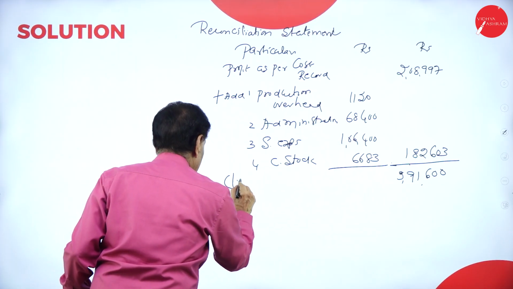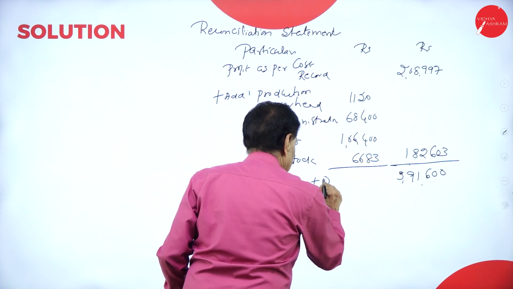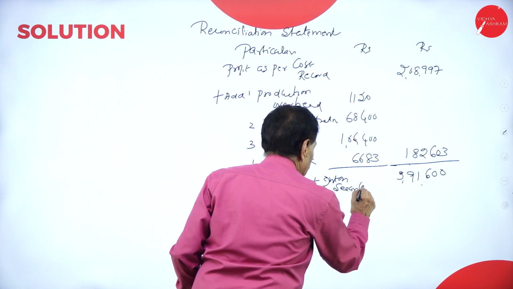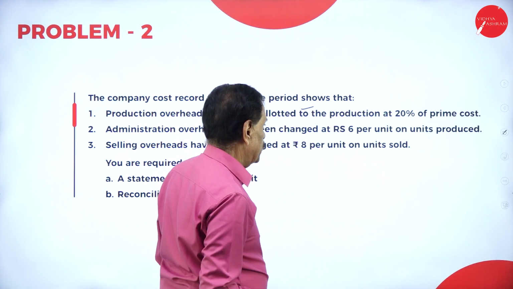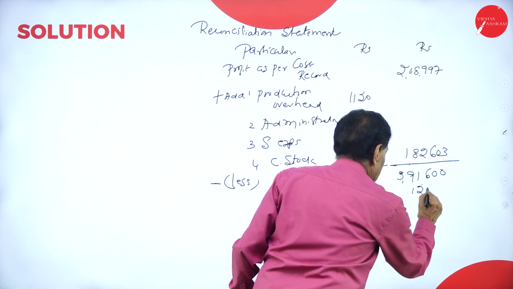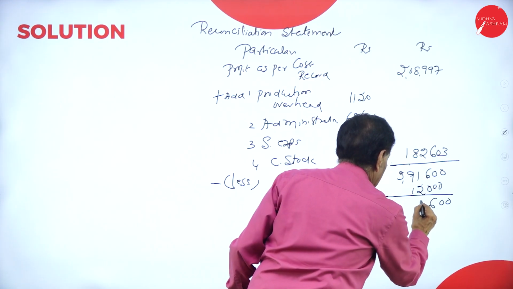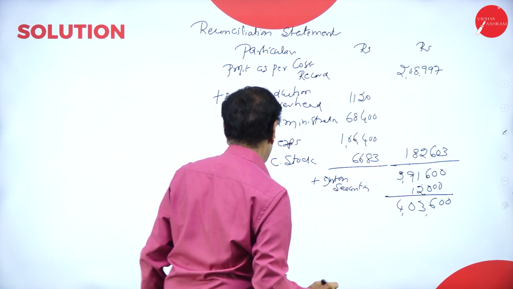Less, preliminary expenses, plus interest on securities. What's your interest on securities? 12,000. So 4,03,600.